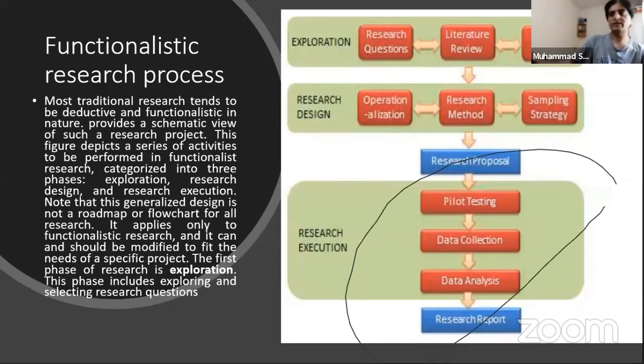So these are the fundamental components of a research proposal and its detail. And the next stage is research execution. In a later workshop, I would like to share this part about research execution.